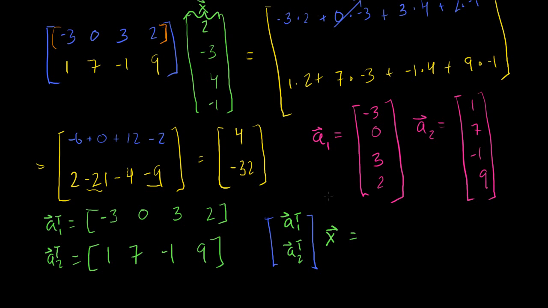The first row that we wrote out right here was A1 dot x, right? And you know all about dot products. It's minus 3 times 2 plus 0 times minus 3 plus 3 times 4. It's A1 dot x.